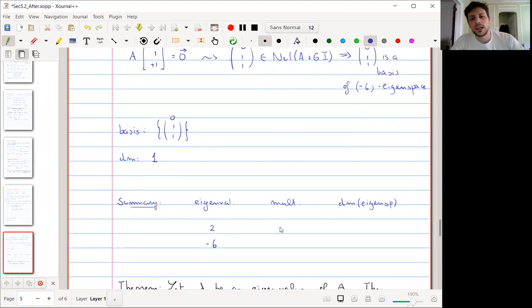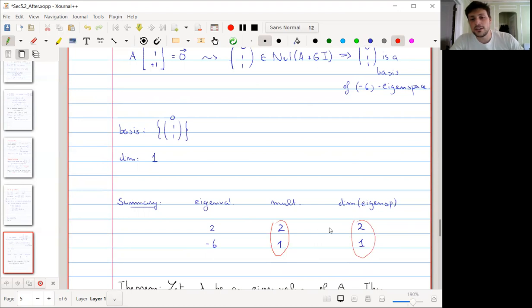Summarizing this example, we have eigenvalue 2 with multiplicity 2 and eigenvalue -6 with multiplicity 1. And the dimension of the corresponding eigenspace was 2 for eigenvalue 2 and 1 for eigenvalue -6. So one would suspect that there's some relation between the multiplicities and the dimension of the eigenspaces.